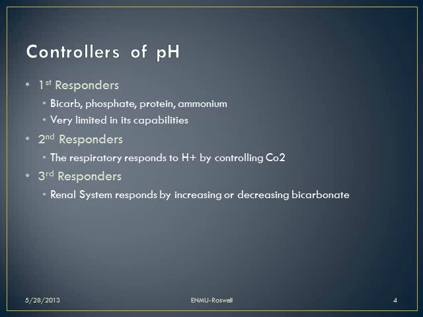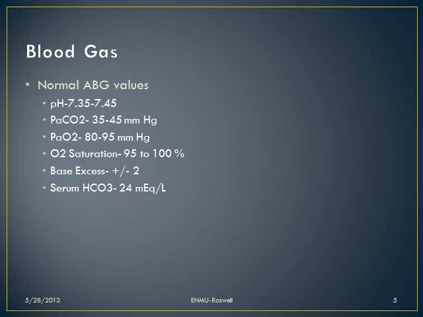The third responder, and the slowest, taking up to 12 to 24 hours to respond, is our renal system. It's going to increase or decrease our bicarbonate levels, either by urinating off bicarbonate or by holding on and retaining those bicarbonate and hydrogen ions. So those are going to be our principal things that we talk about when we talk about the regulation and control of acid balance in the body.